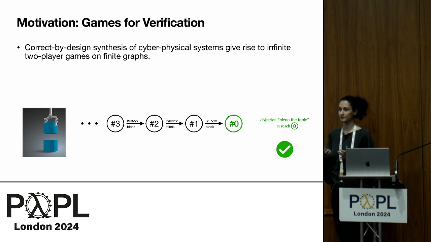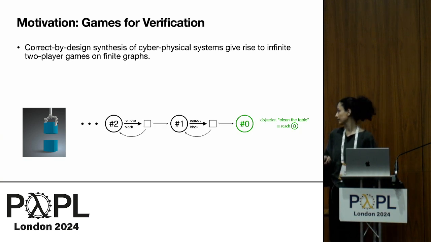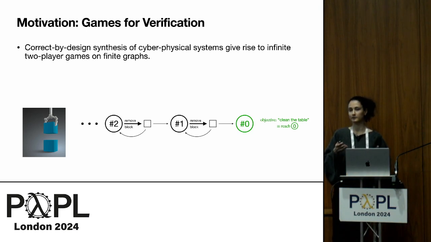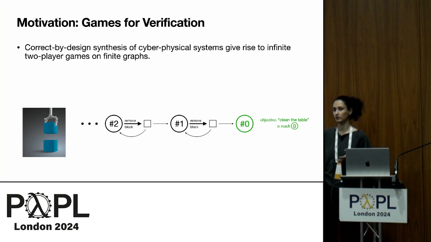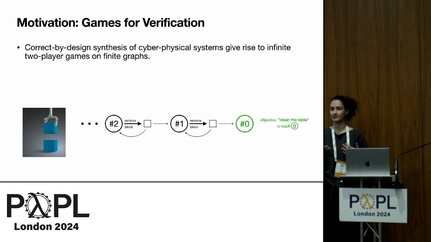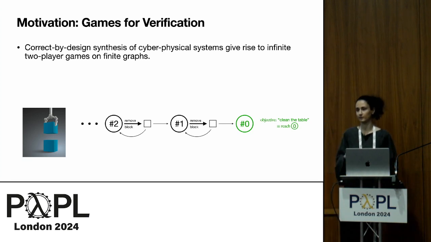Typically, we model this environmental uncertainty with a second player, and here we will show this with the square player. Whenever the robot hand tries to remove a block, it goes to an environment node, a square node. And the square node either lets it pass to the next node, or it sends it back. If it lets it pass, it means that it lets it move the block. If not, then it makes it fail.